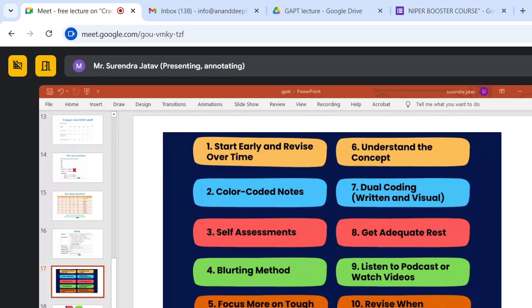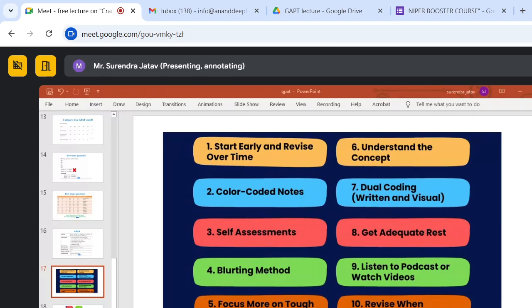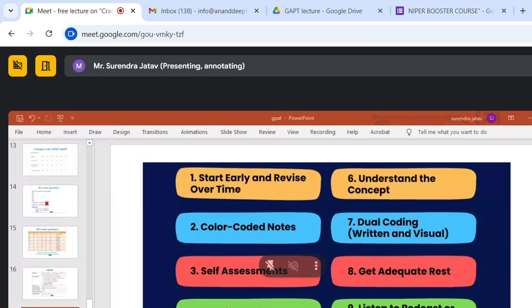Please, because this is a GPAT class going on. If somebody has a genuine question, they can unmute themselves. All of you, please don't do anything nonsense. I am clearly saying that. This is not your subject class; this is a planning session for GPAT.